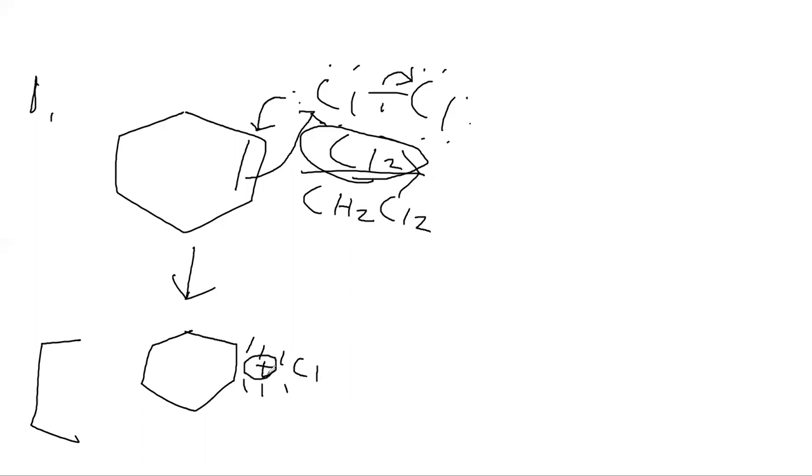Okuda taught it by putting the positive charge within this sort of triangle ring here. So the positive charge is shared between this carbon and the chlorine. And that explains the Markovnikov addition of a hydroxyl group later, but we'll get to that.